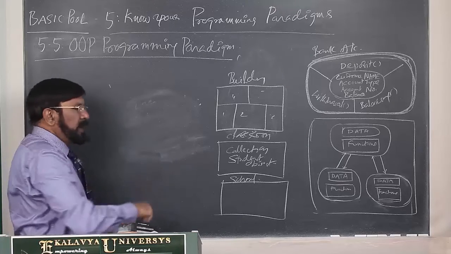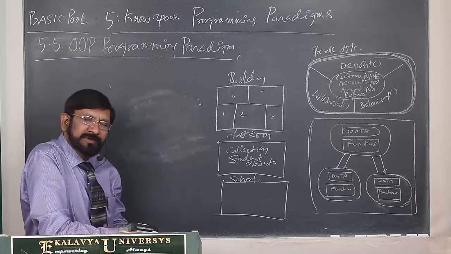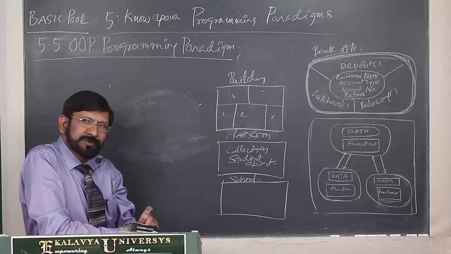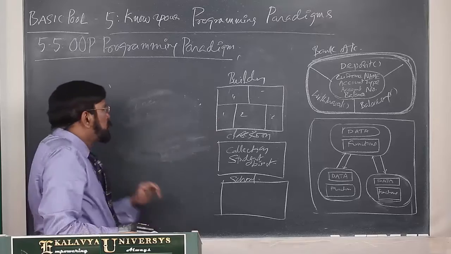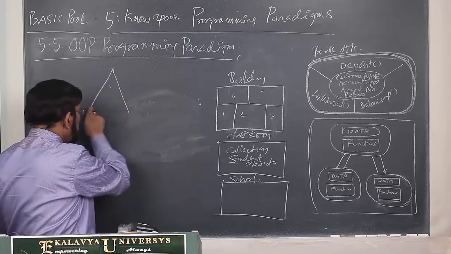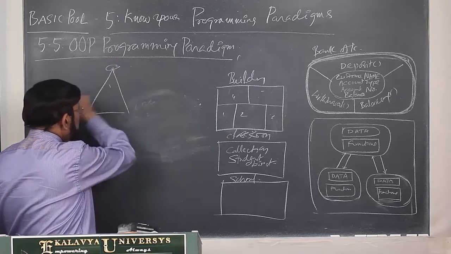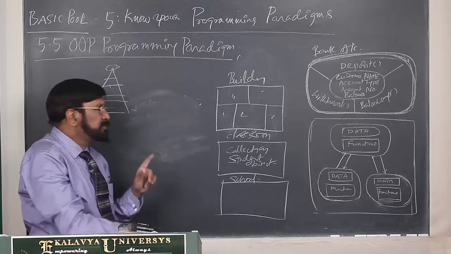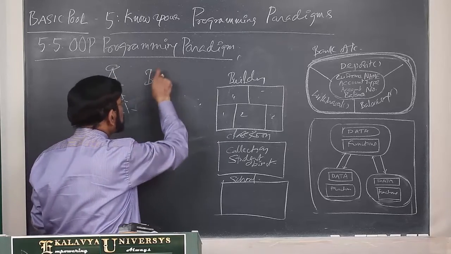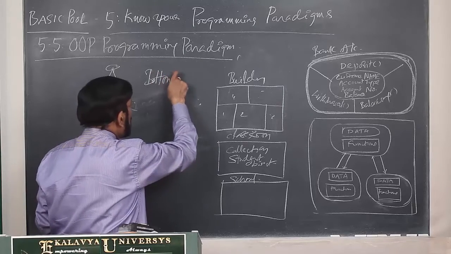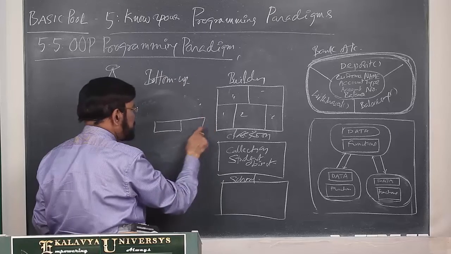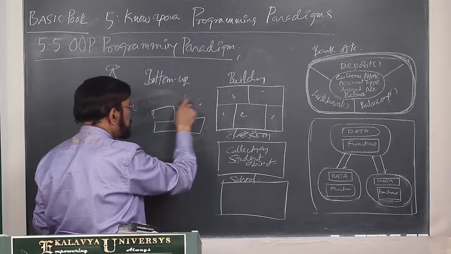Now, I already told you one thing. In structured programming, for design purposes we use the top down modular approach. Then house construction, thereafter we are dissecting like this. Here this is called the bottom up approach. This is the object, this is the object, this is the object.